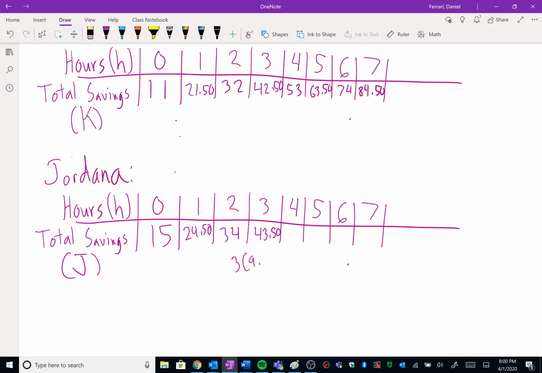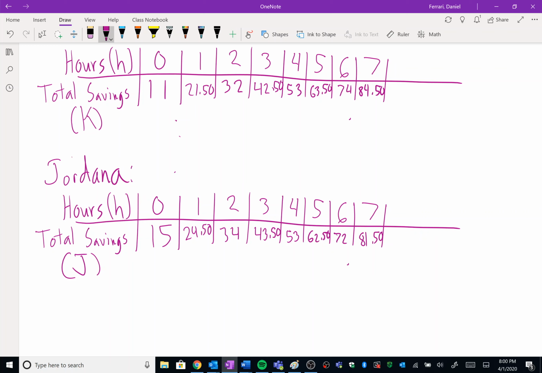Continuing forward, this one is going to be 53. This one is going to be 62.50. Next one is 72. Next one after that would be 81.50. Okay, and there we go.